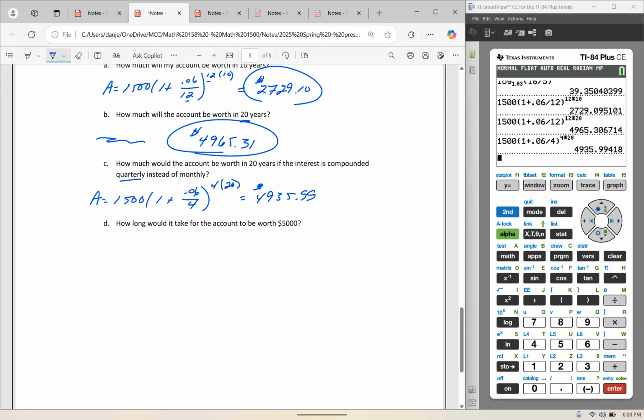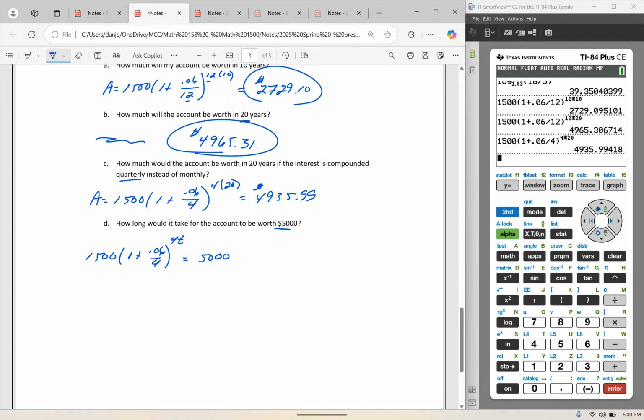Okay? Now this is going to be fun. How long would it take for my account to be worth $5,000? So we're going to go back to the logarithms. So my 1,500 times 1 plus 0.06 over 4 to the 4t is equal to 5,000. We're going to use logarithms again.